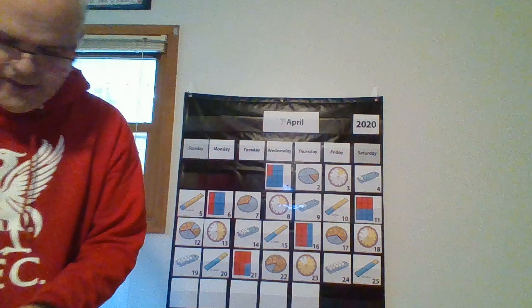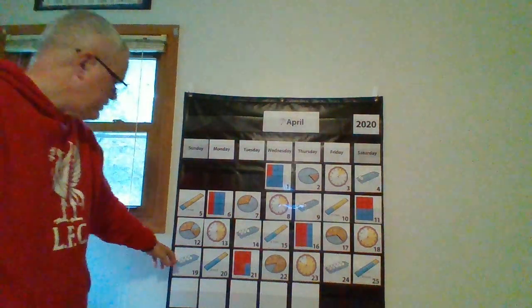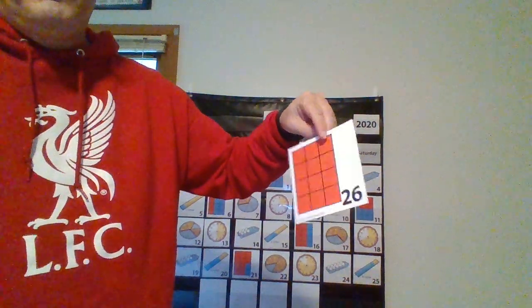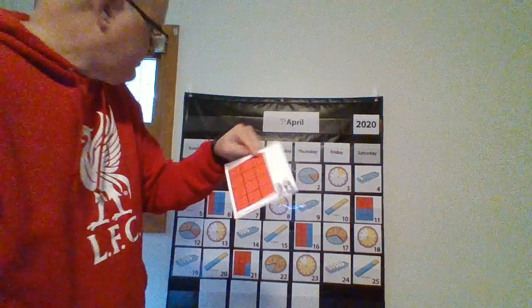So we left Saturday with 10 out of 12. So what might we expect for Sunday if we're looking for that one? Pause if you need to. Full. All of them are red. 12 out of 12, right?